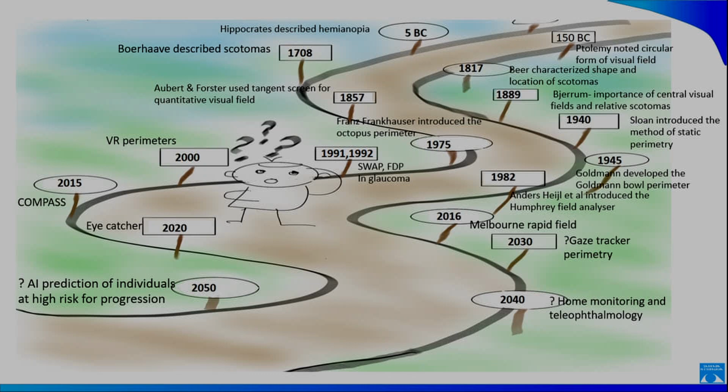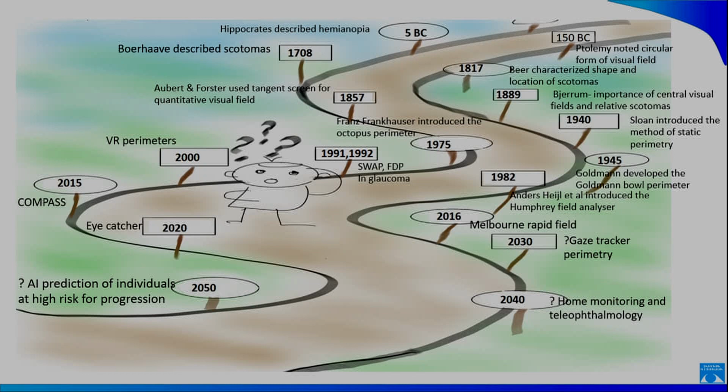And along with Octopus, Humphrey, we also have shortwave automated perimetry, FDT, virtual reality head-mounted perimeters, tablet perimeters, fundus projection perimeters, and eye movement or eye gaze tracker perimeters, and a lot of advances in AI, home monitoring, etc. that is going on.